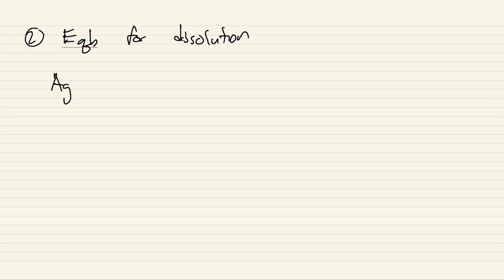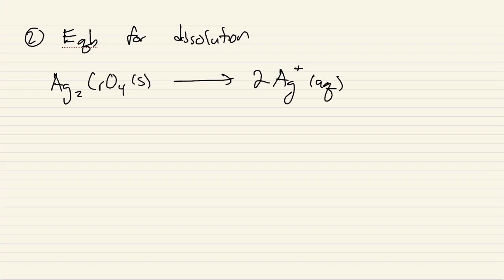We have Ag2CrO4 solid going to, what is going to be our products in this case? 2Ag+ aqueous plus CrO4 2- aqueous. That gives us the stoichiometry.